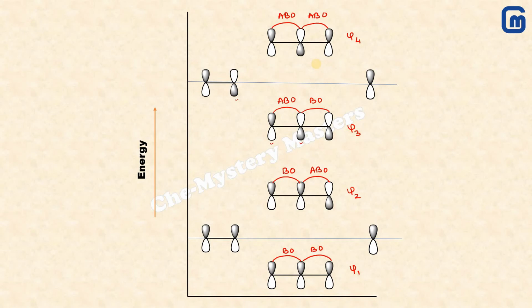Now if you see, out of these four orbitals which we have formed here, two of them are of same kind, that is psi2 for the instant and psi3 which is shown here. These two are of same kind. As you can see, in both of them there is one bonding overlap and one anti-bonding overlap.